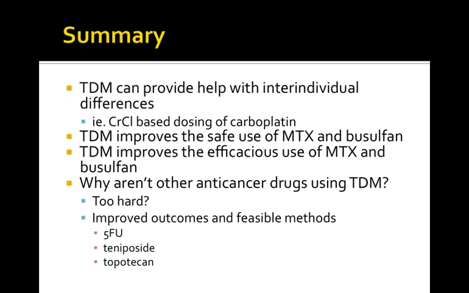Good question. Is it too hard? Do physicians not feel comfortable with it because they haven't been doing it enough? I can tell you, when I look at this data, if someone I cared about or I were needing treatment with these drugs, I sure would want them to be dosed individually for me. Is it too hard? Yes, it's tough to do.